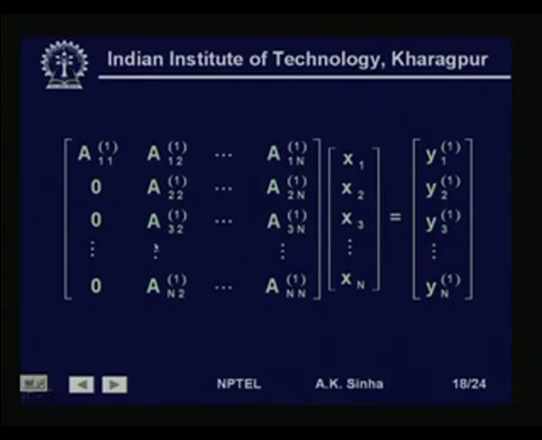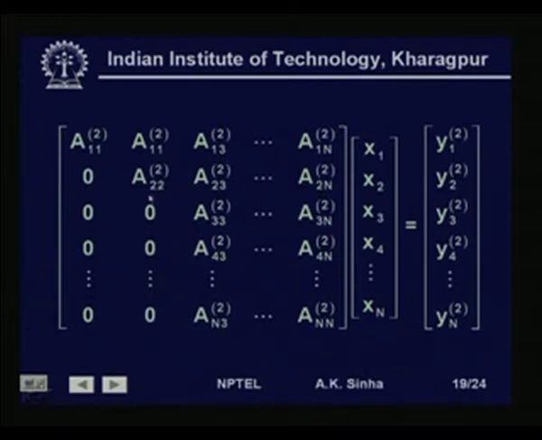For the fourth row, we multiply by A42 by A22 and subtract from the fourth row. Then all the elements in column 2 below A22 will become 0, and in the same way we have to modify the column vector y also. So we will get a new set of y's.